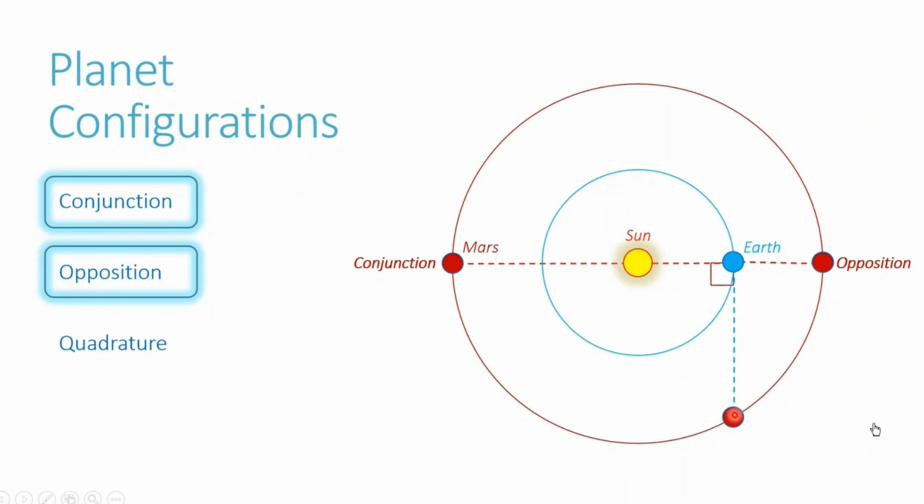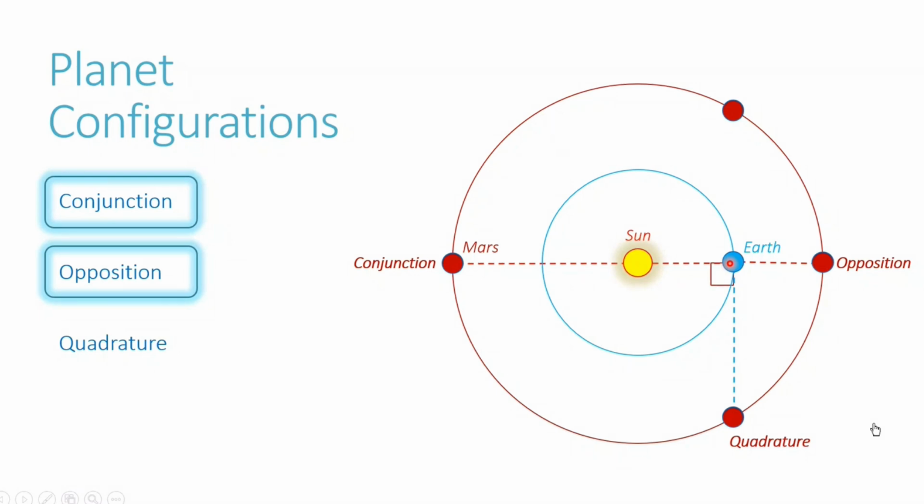So whenever a planet is at right angles to the direction in which the Sun is, it is called quadrature. So this is the planet Mars in quadrature. The direction in which the planet Mars is 90 degrees away from the direction in which the Sun is.